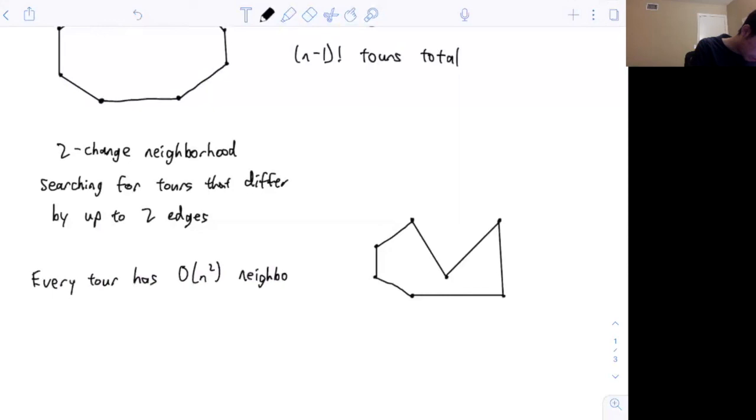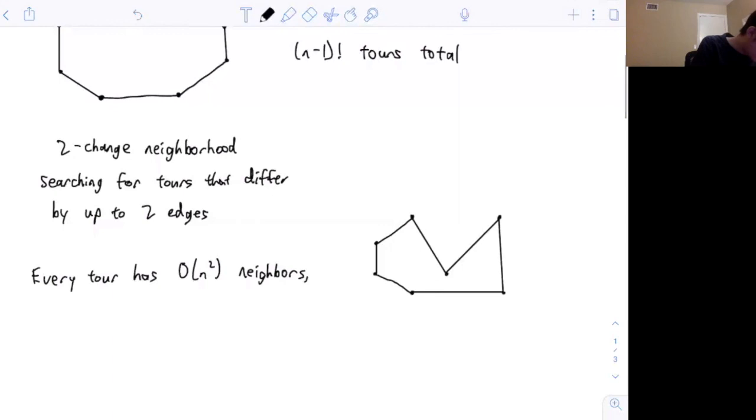These are just the nearby tours, the tours that differ by up to two edges. Therefore, each iteration takes O(n^2) time. So each iteration is pretty fast.